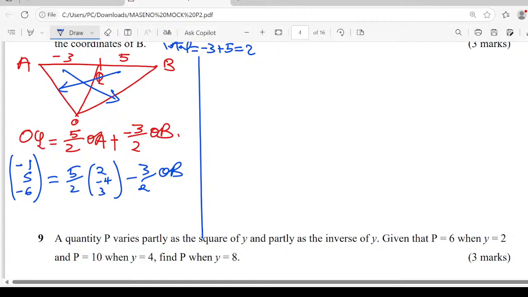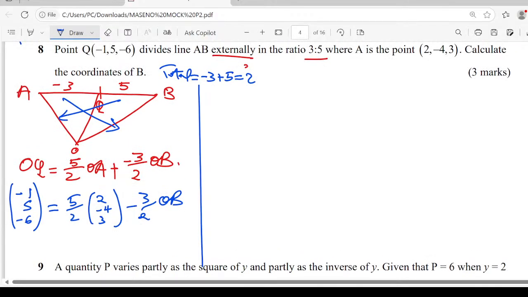So when we are there, dear learners, we need now to proceed with our question. So we can open up our brackets.